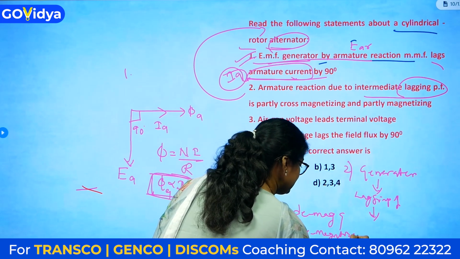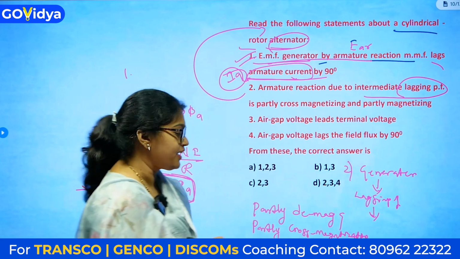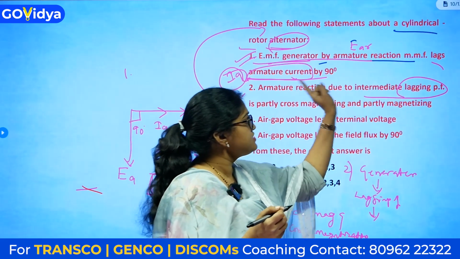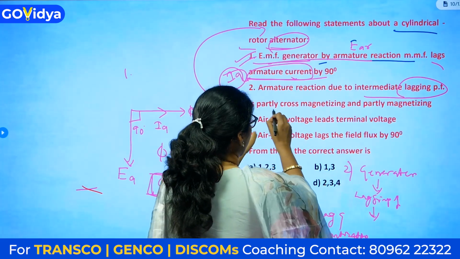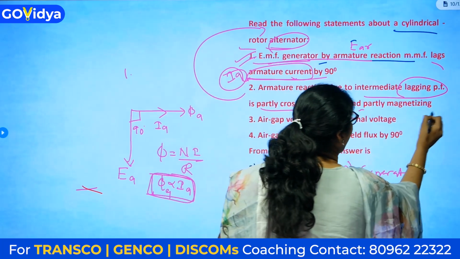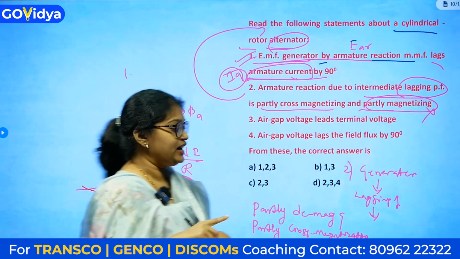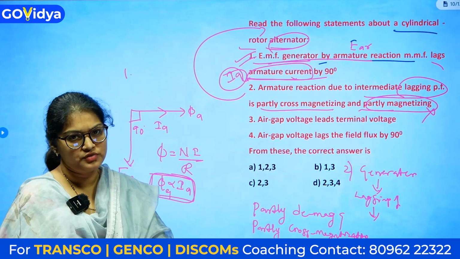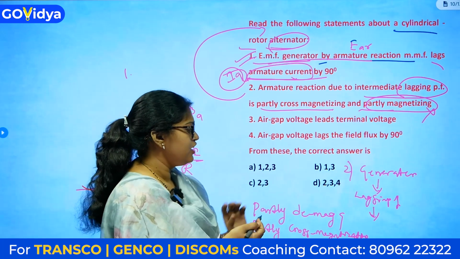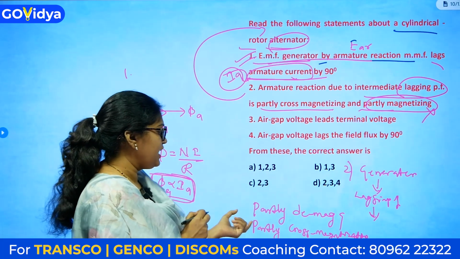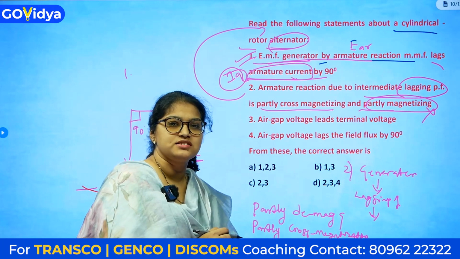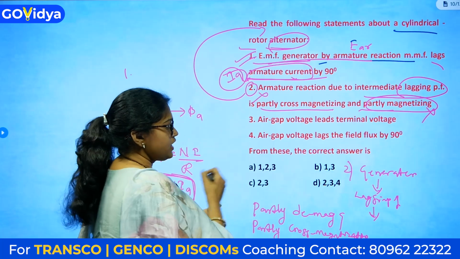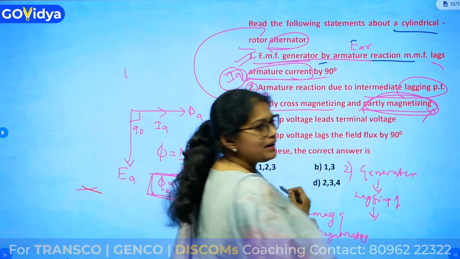Clear? In the question, for a generator with lagging power factor, it says partly cross magnetizing but partly magnetizing. This is wrong. That should be partly demagnetizing. If it is a motor, that is okay. If it is for a leading power factor, partly magnetizing and partly cross magnetizing. Clear? So option 2 is wrong because it is partly demagnetizing, not magnetizing.